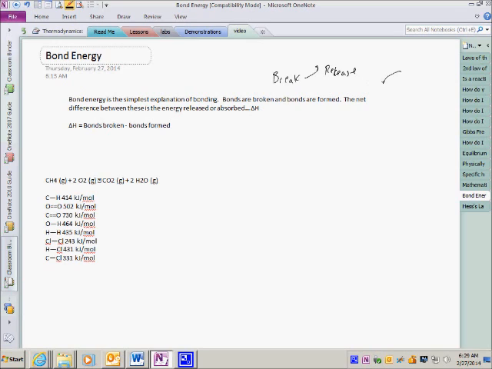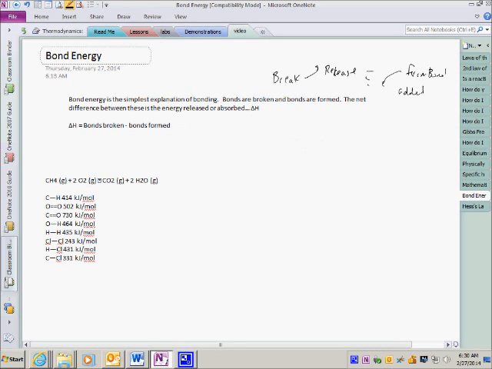And when you form bonds, energy needs to be added to form a bond. Sometimes people get that backwards, but at that point, to do the mathematics, it doesn't really matter.